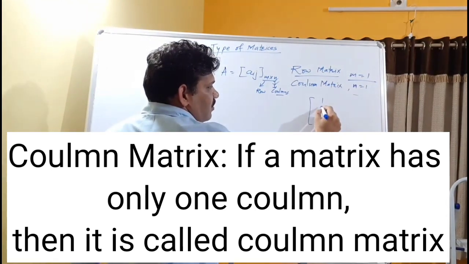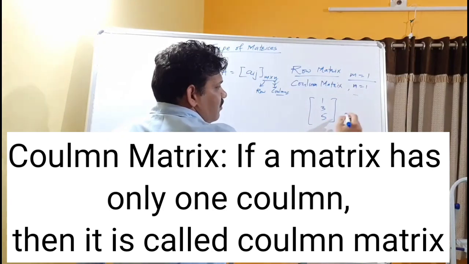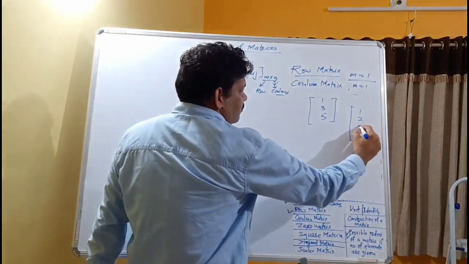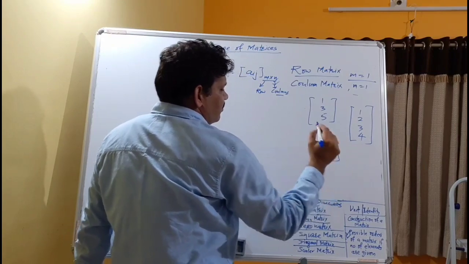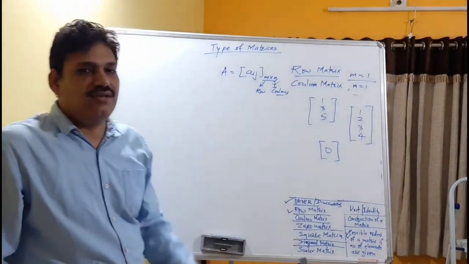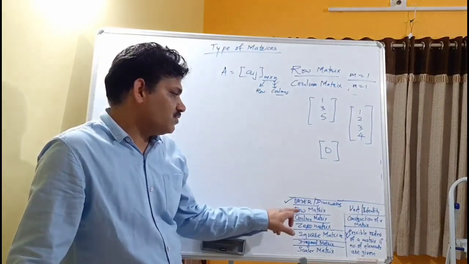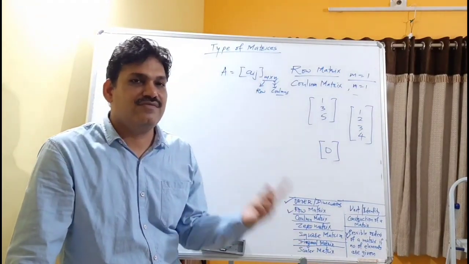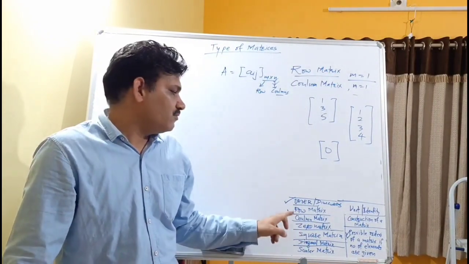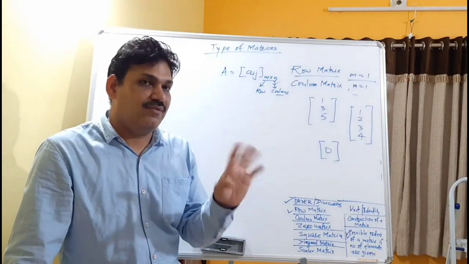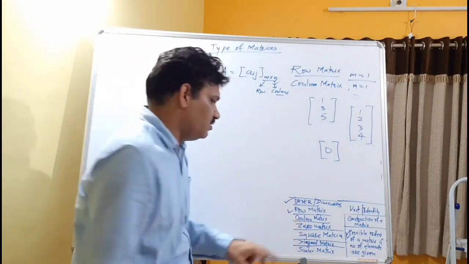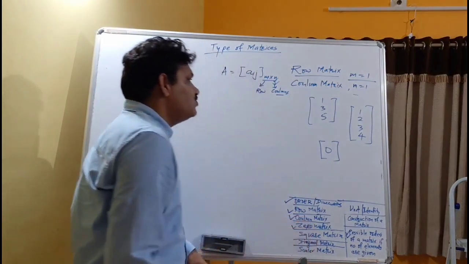Examples are the column with entries 1, 3, 5, or simply 1, 2, 3, 4. This is a column matrix. So a row matrix is a matrix in which we have only one row. A column matrix is a matrix in which there is only one column. The number of rows may be any natural number. Now we talk about the zero matrix.